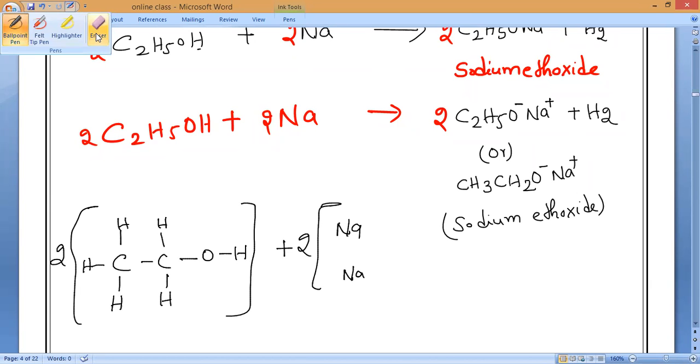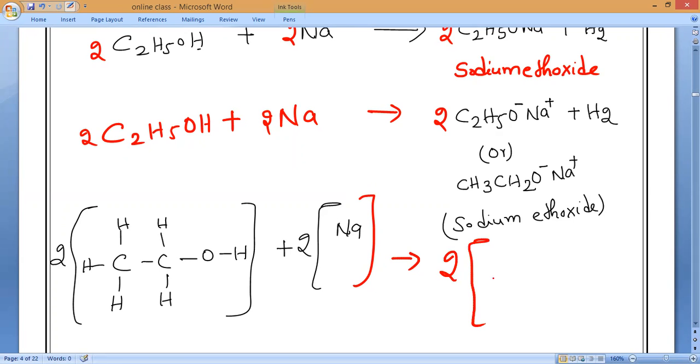I'll take 1. It's already negative 2. So which will give you 2 of structure you can draw. C, single bond C. How many hydrogens, guys? 3 hydrogens, and here 2 hydrogens, and here 1 oxygen and 1 sodium.